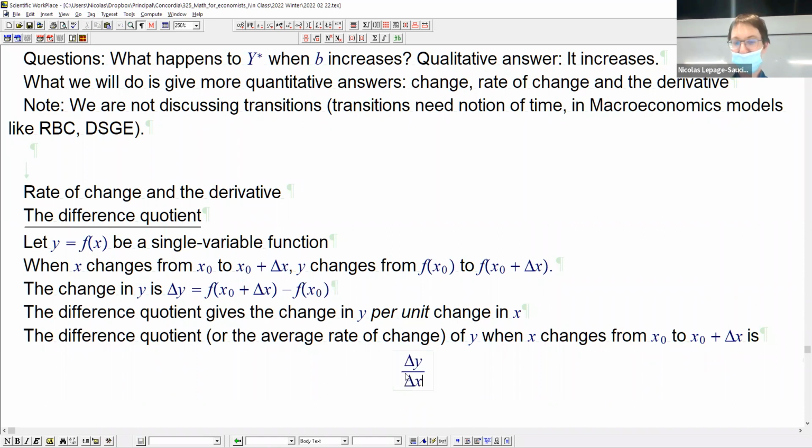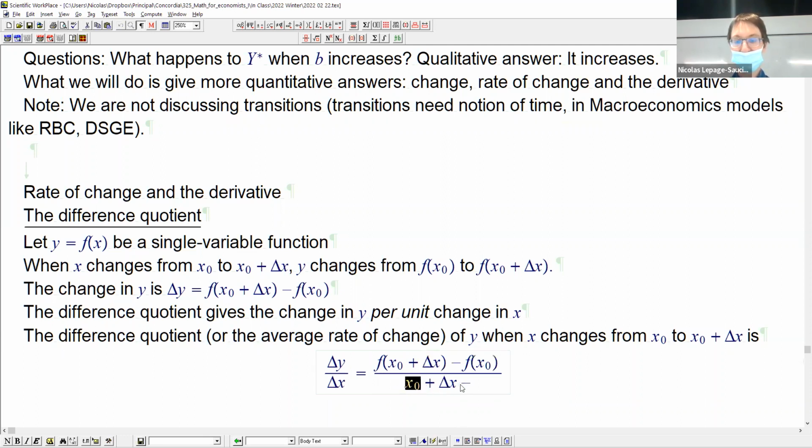I assume you have seen this before, which is the change in y divided by the change in x. So it's f of x0 plus delta x minus f of x0, over x0 plus delta x minus x0.